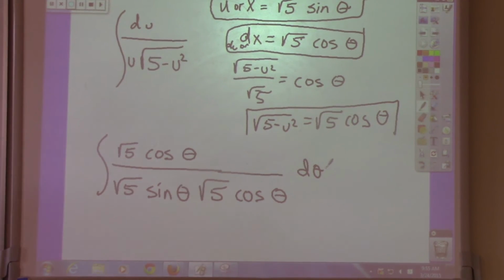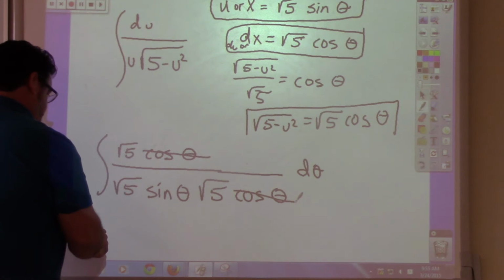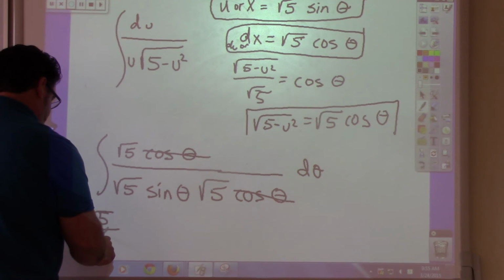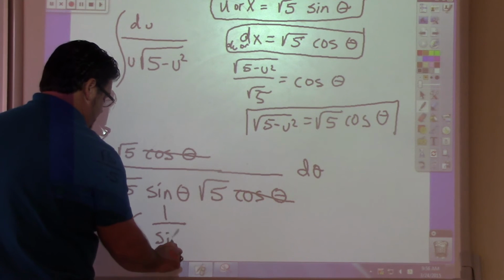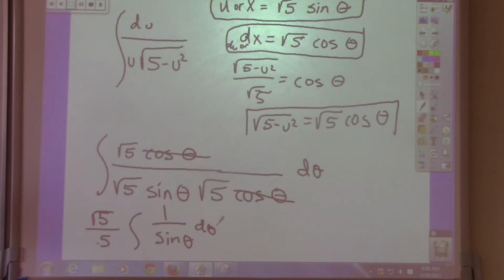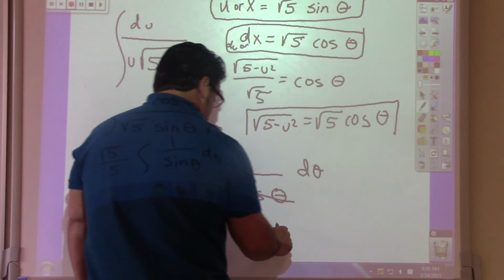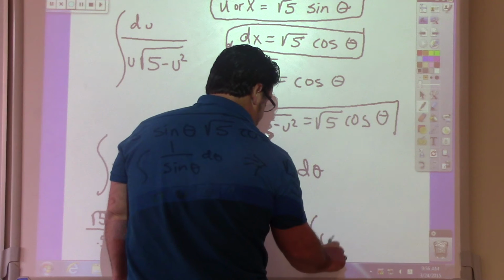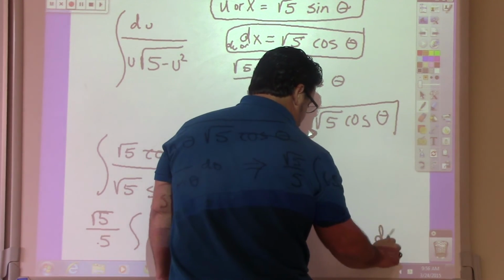What happens to the cosine? That's going to leave us with square root of 5 over 5 times the antiderivative of 1 over the sine of theta, d theta. And what's 1 over the sine? Cosecant? Thank you, class. Square root of 5 over 5 times the antiderivative of cosecant of theta, d theta.